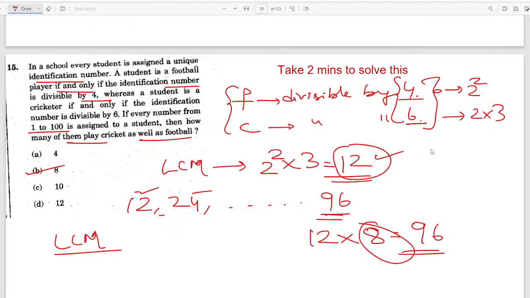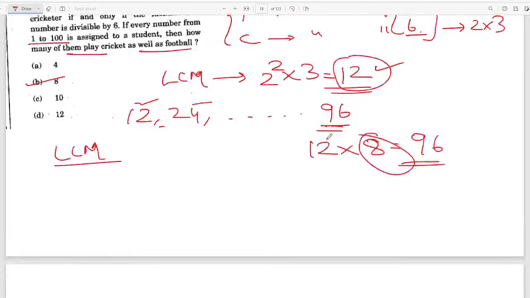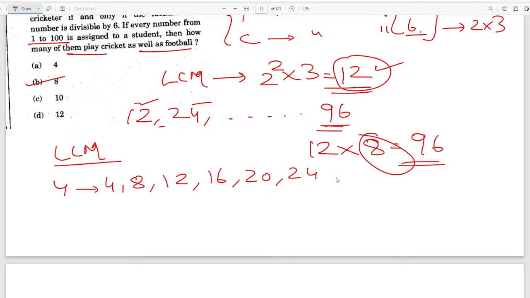For example, what we do in an LCM: we have 4. Multiples of 4 are 4, 8, 12, 16, 20, 24, 28, and so on. And multiples of 6 are 6, 12, 18, 24, 30, 36, and so on.